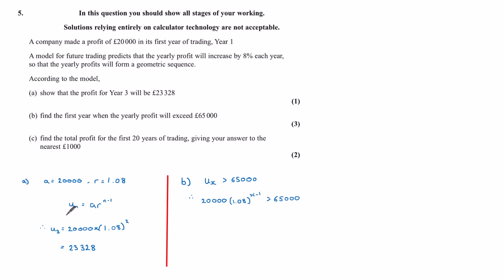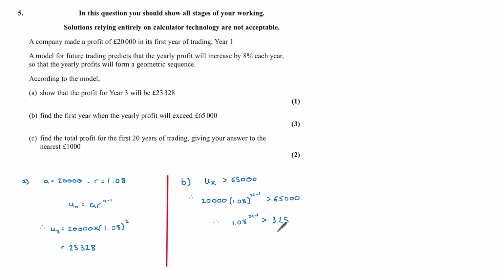Using my formula from before, I can see that the U_x term is a, 20,000 times my r, 1.08, to the power x minus 1. And I want this to be greater than 65,000.